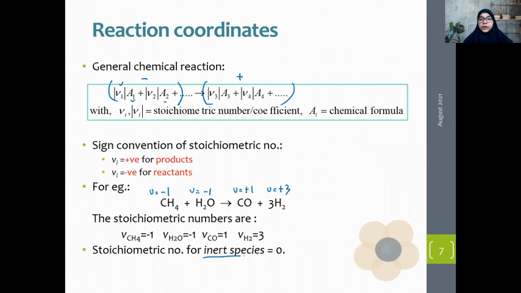How about inert species? If in the reactor we also supply inert species to boost up the reaction, basically for the inert species the stoichiometric number is 0 because it does not get involved directly in the reaction.